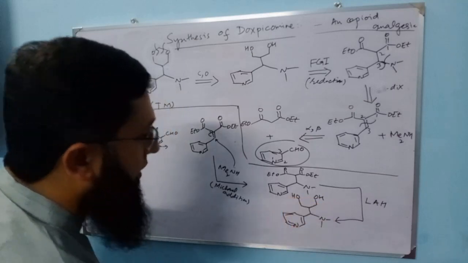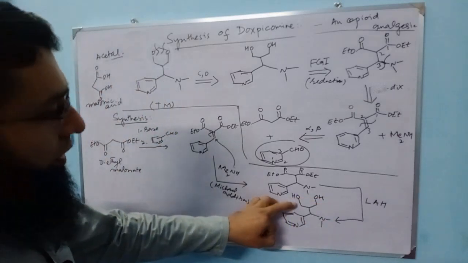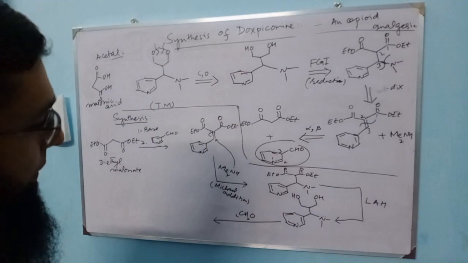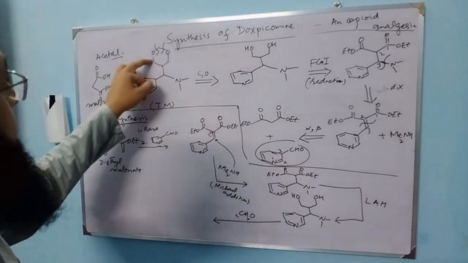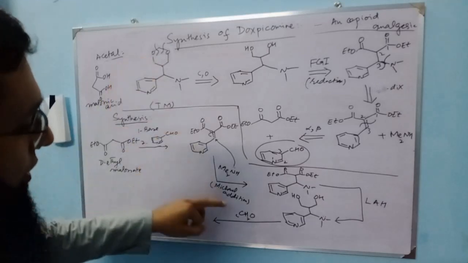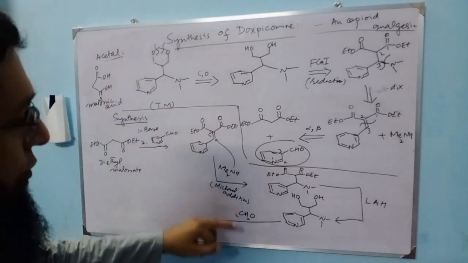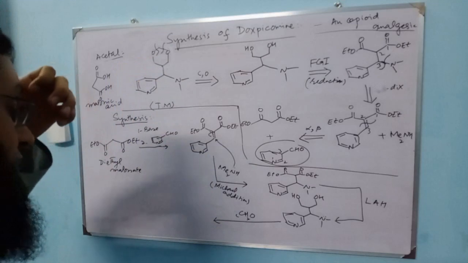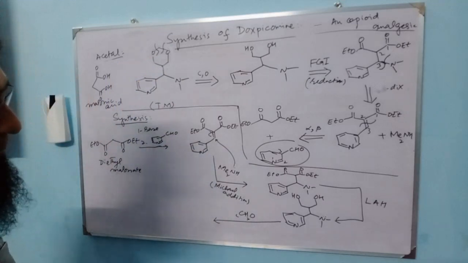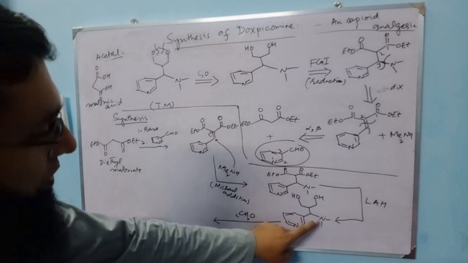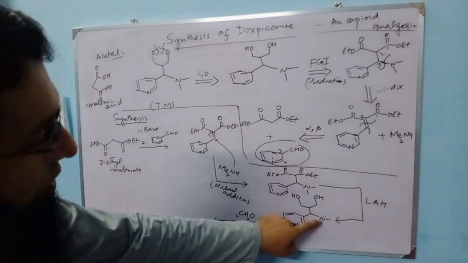Here we can see the corresponding diol has been obtained. Now we can convert this diol into this acetal using formaldehyde, but we have to use some acid. Generally we can use mineral acid or acetic acid, but in this case we have this basic group, which is nitrogen.